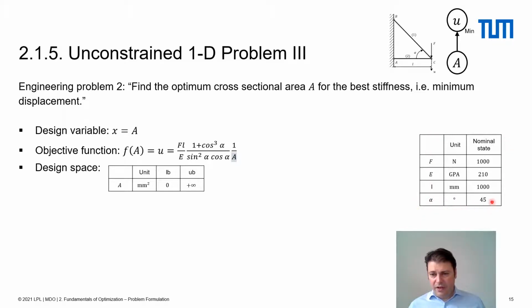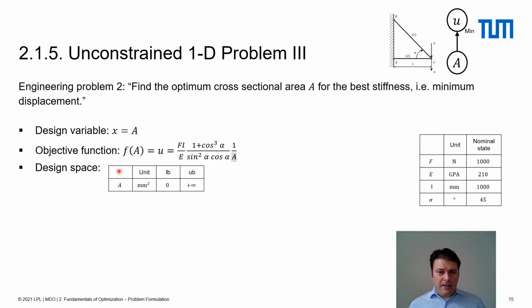Alpha is fixed at 45 degrees, and now let's change A, the cross-sectional area of both rods, in order to improve stiffness. The formula for the objective function will stay the same, but now it's a mapping from A to U, the displacement of the node C.